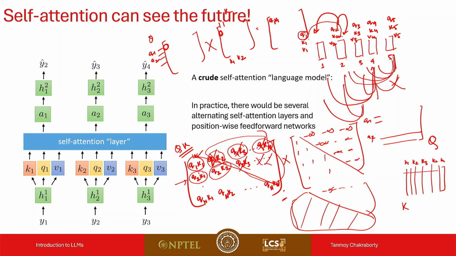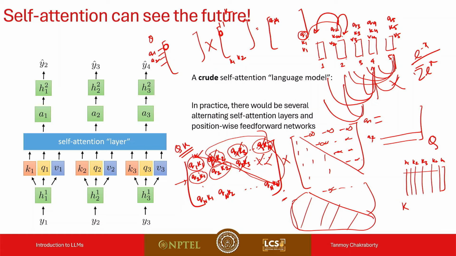Now, why are we doing this minus infinity? Because remember, these elements are query key dot products. After the query key dot product, what is the next operation? Softmax. We need to pass them through softmax. And what is the softmax formula? e to the power x over the sum.